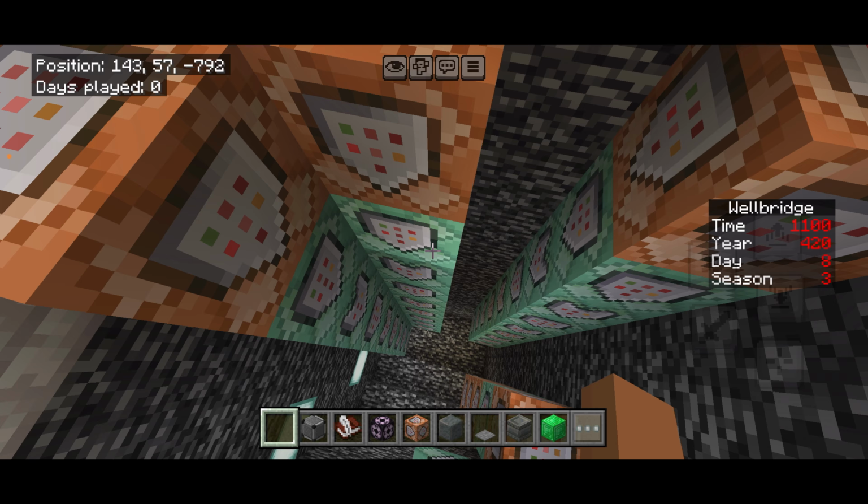So on my notebook, I am going to set it up for command block 1, command block 2 for season 1. And then I'm going to do the same thing for season 2 and 3 and 4.